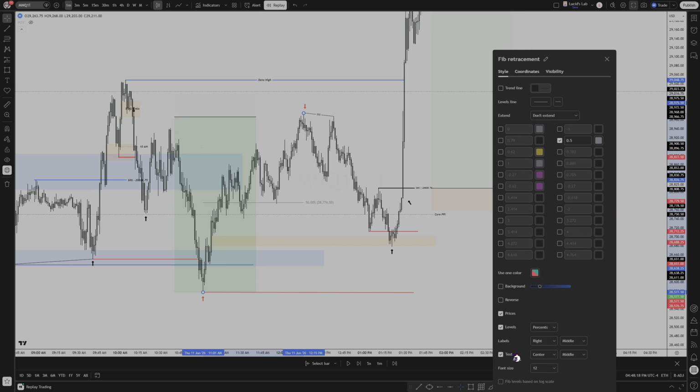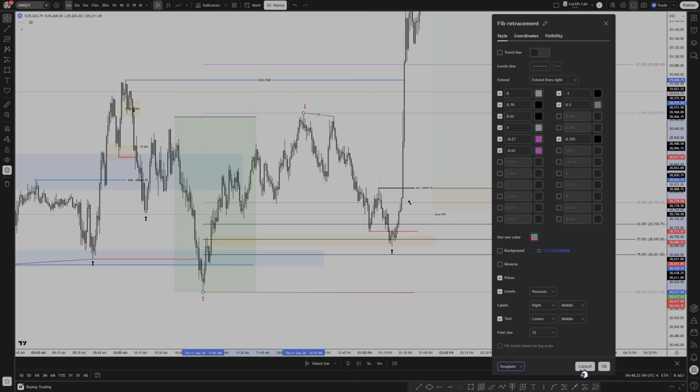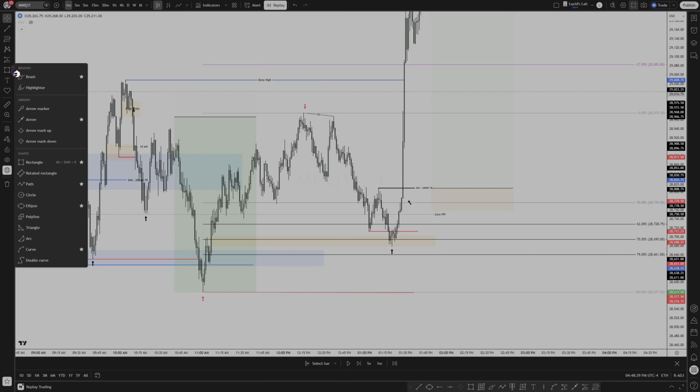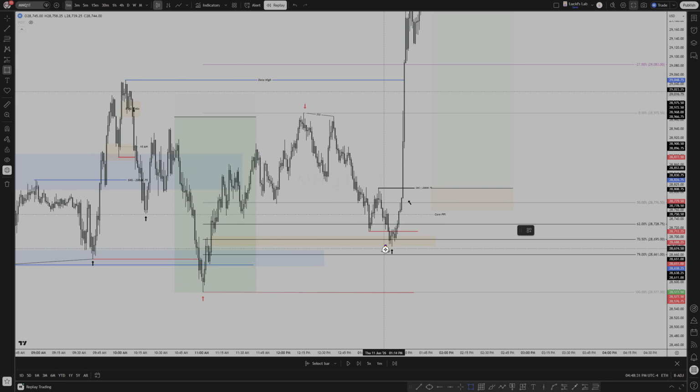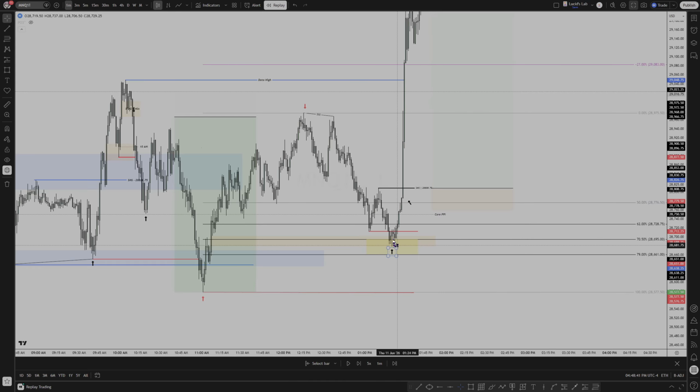I use either or. Not really particularly picky about it. So trading within that 70.5 to 79% retracement level. So we get that reaction out of there, really on that 70.5 within the range.